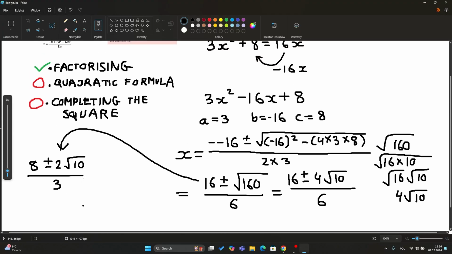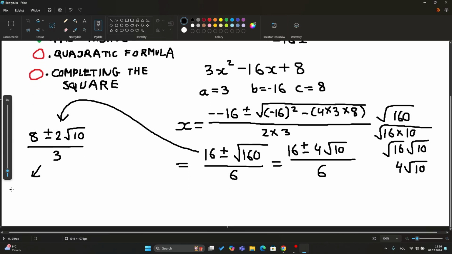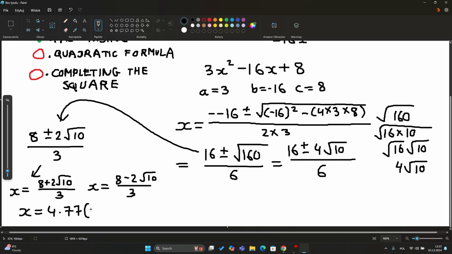Now they want this with 3 significant figures, so if you put 8 plus 2 root 10 over 3 and 8 minus 2 root 10 over 3 in a calculator, 8 plus 2 root 10 over 3 is going to be x equals 4.77 to 3 significant figures, and 8 minus 2 root 10 over 3 is going to be x equals 0.558 to 3 significant figures.